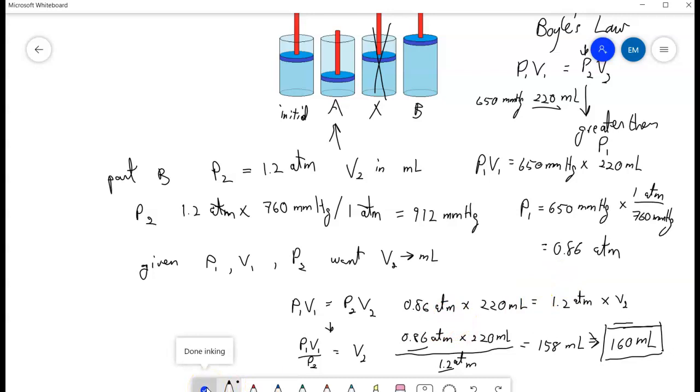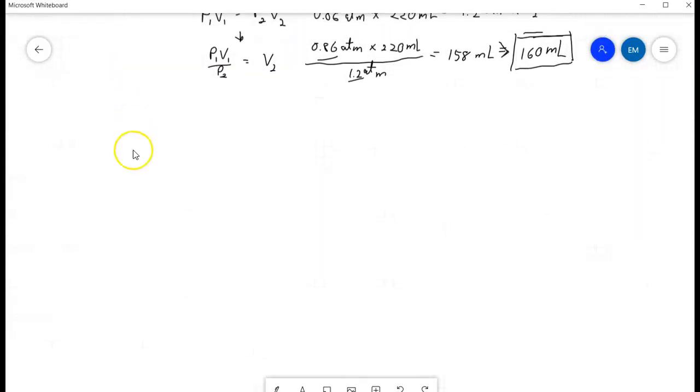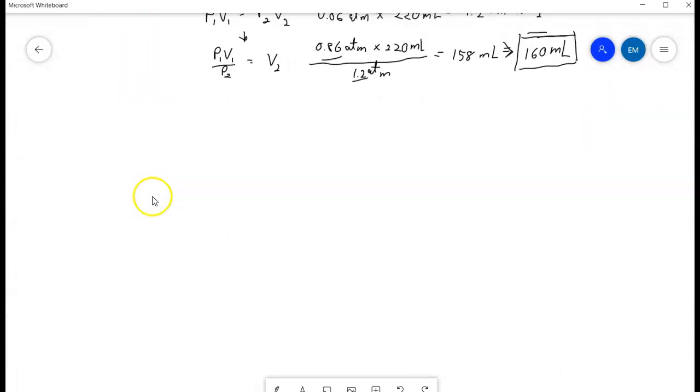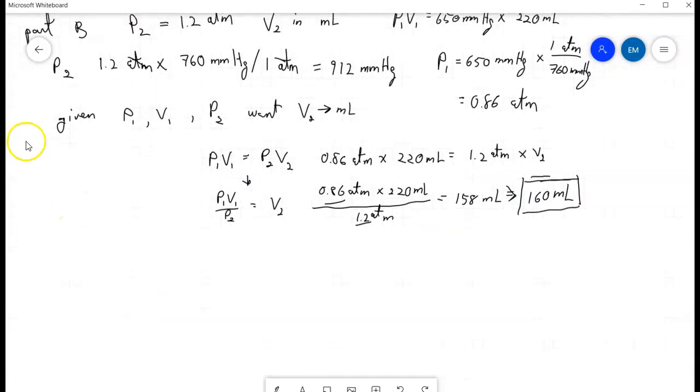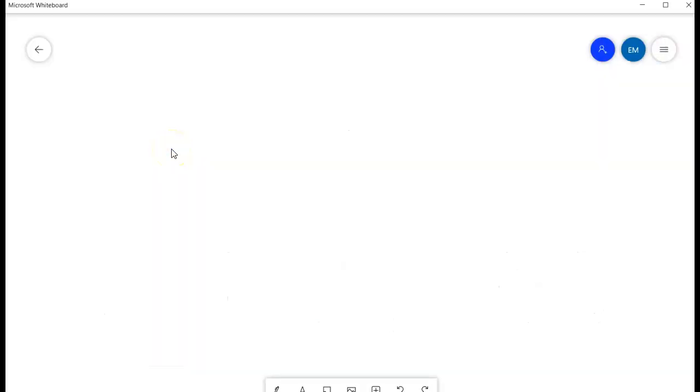We're going to do the next one, 812. It looks like I got to start a new page here, so I will. Now this one uses balloons. This is also on page 267.